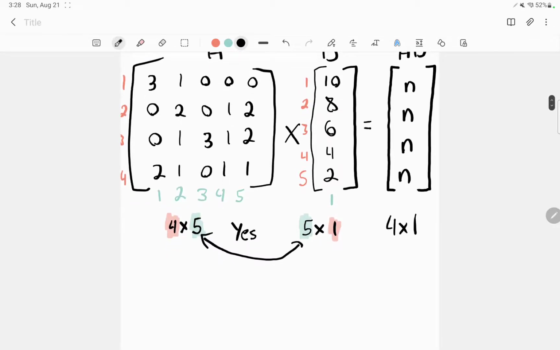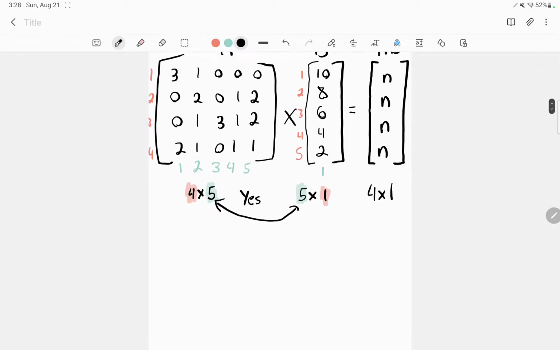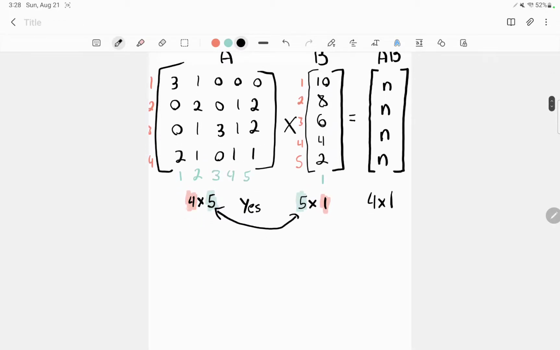Now, let's go and actually try and do the multiplication, because that's going to be the hardest part for most of you. So let's start with the first one. If you remember, we're going to be going this way. And for the second one, we're going to be going down. And then we're going to do this way, and then we're going to go down a second time.